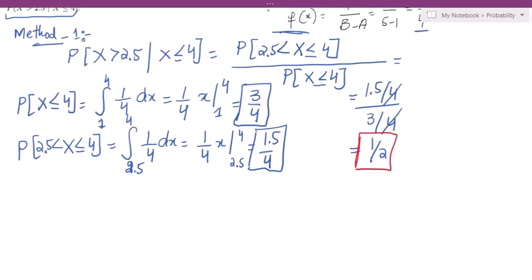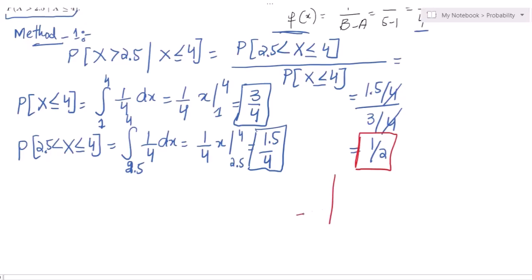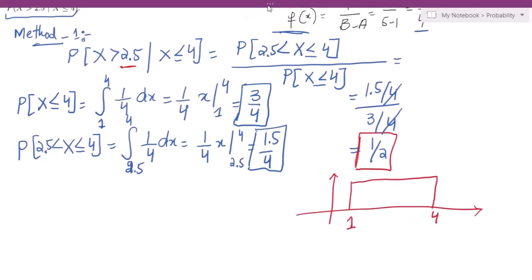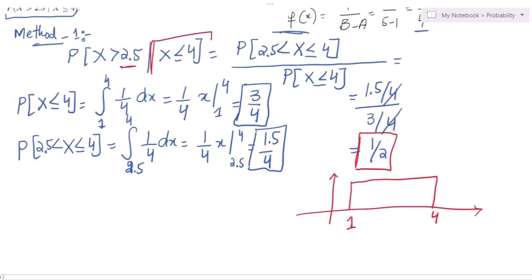In second method, let me draw the distribution here. This is the distribution, but as we are not given in this condition any values greater than 4, we are confining ourselves from 1 to 4. So these are the values. Now similarly, this one which we have seen here is x less than or equal to 4.